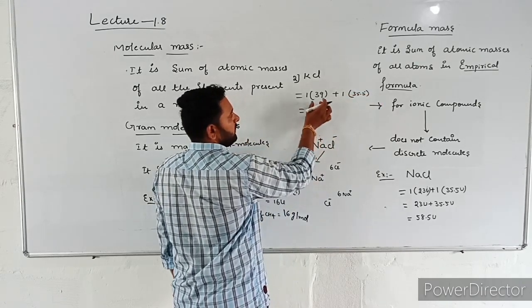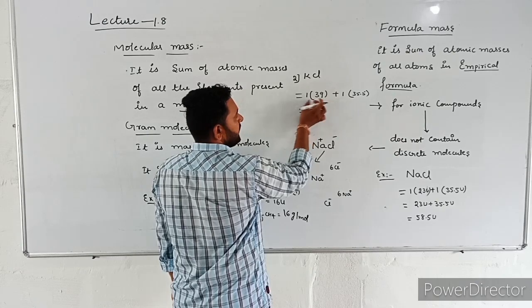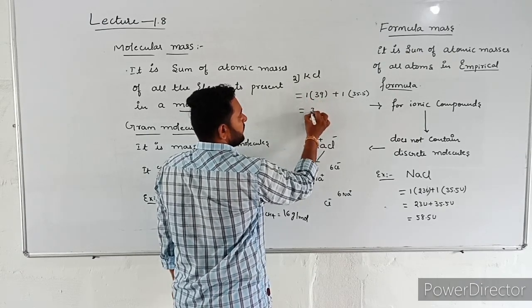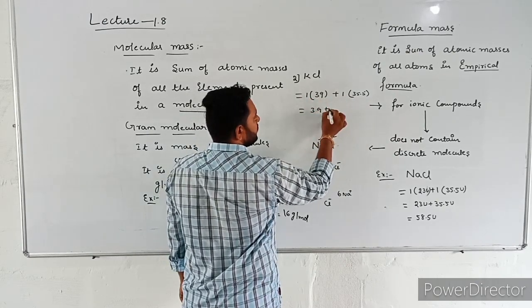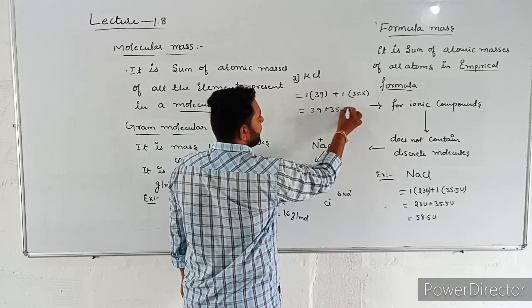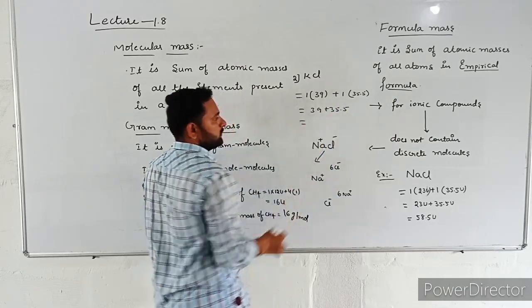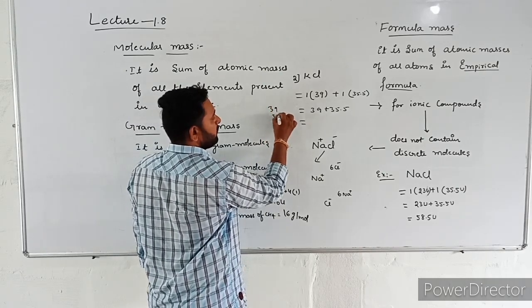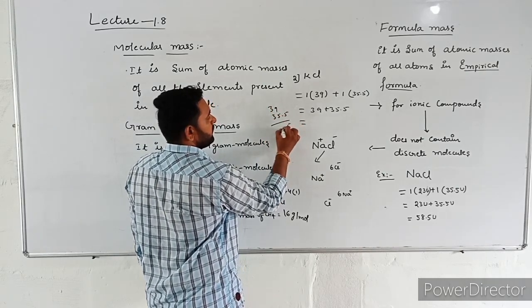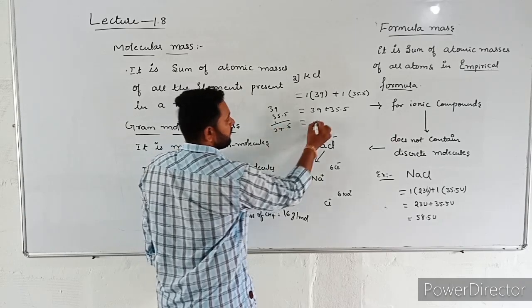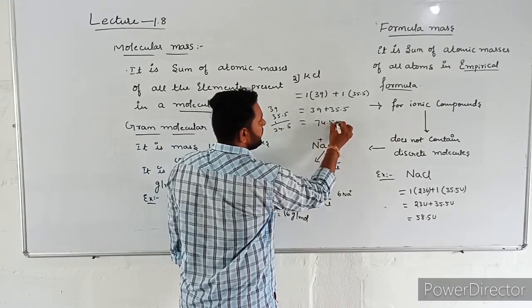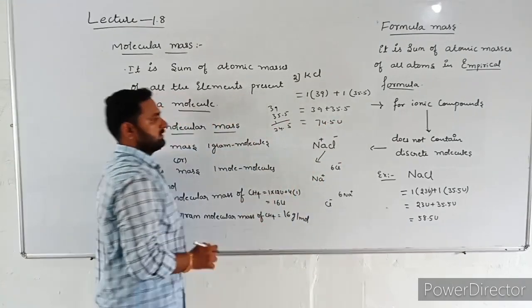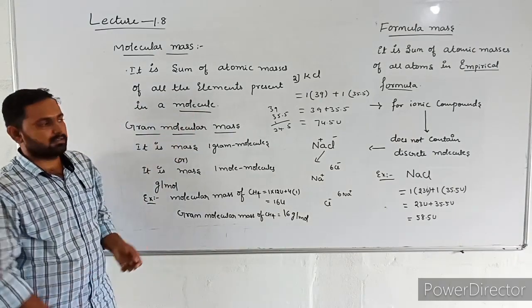Now you multiply 39 into 1, 39, plus 35.5 into 1, 35.5. If you add these two, you will get 74.5 unified mass. This is the formula mass.